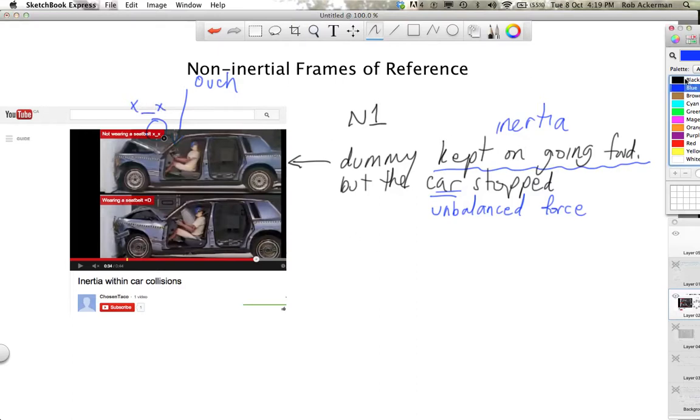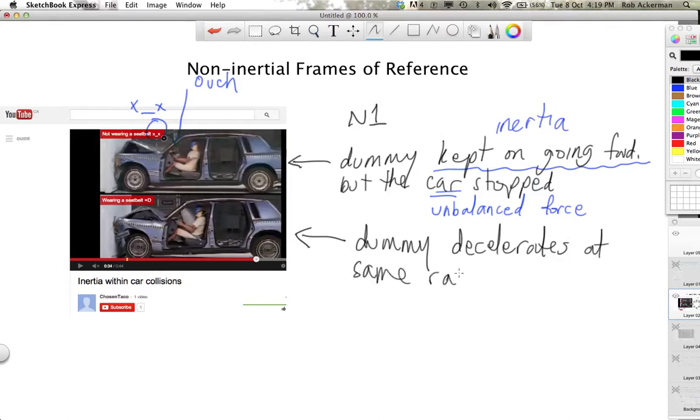What's going on in the second example? Here, you learned in grade 11, when you studied Newton's laws, that the dummy decelerates at the same rate as the car. Why?